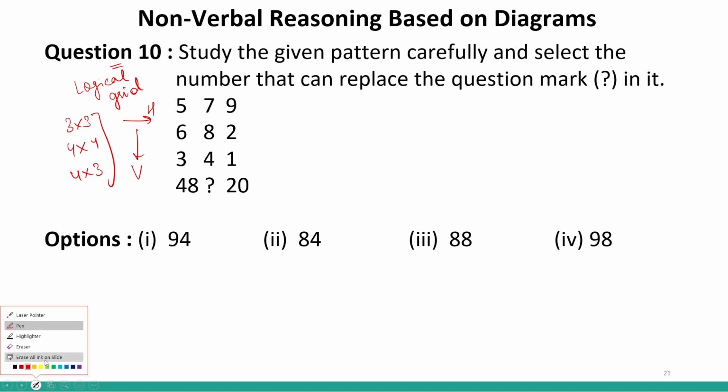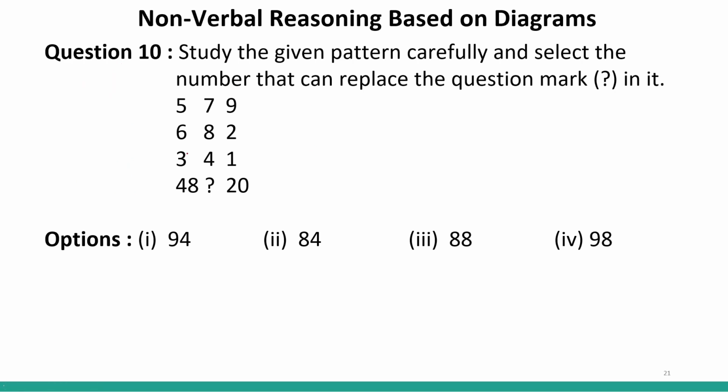So in this particular grid, I can see that these numbers are significantly bigger than these numbers. So 48 is so much bigger than 5, 6 and 3. So I can assume that certain operations are being carried out on 5, 6 and 3 to get 48. And whenever we see such a huge jump, we assume that we are multiplying. We assume that the operation that is being used is multiplication.